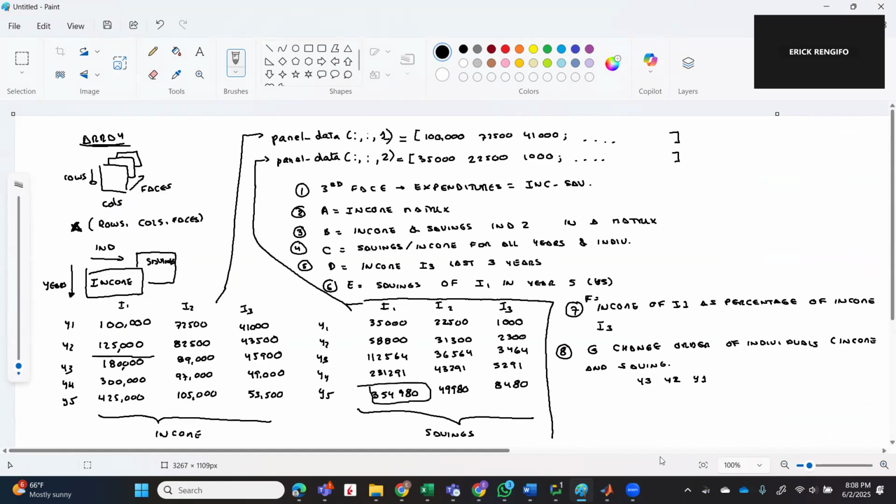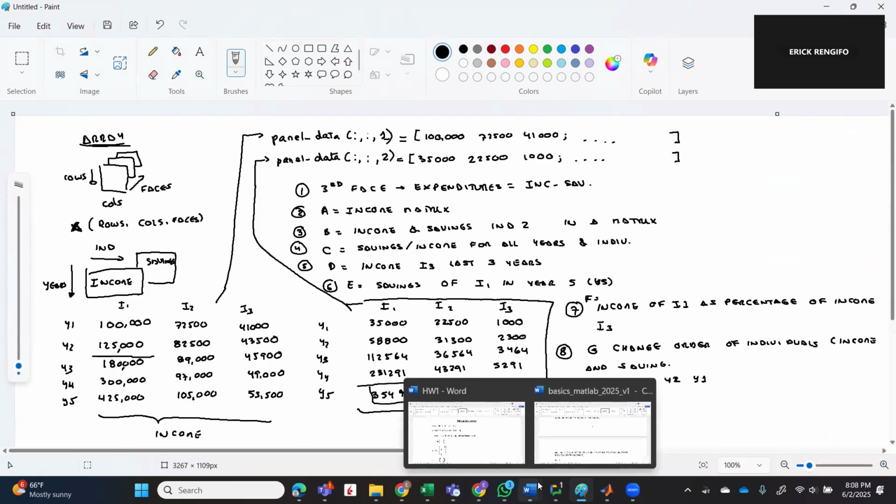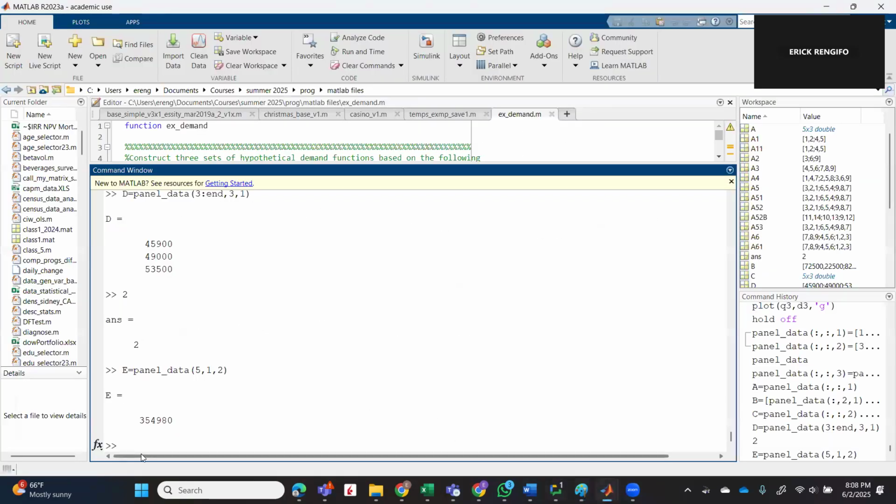Yes. Perfect. So we have F, income of individual 1 as a percentage of income of individual 3. Okay. So this is going to be F. I will copy this one here. Okay, income of individual 1 for all years, right? So this is the income of individual 1.